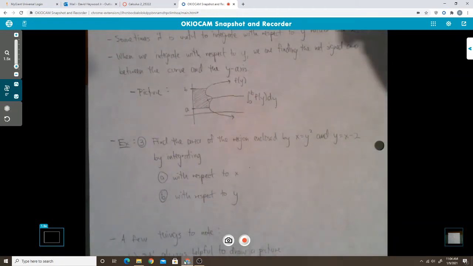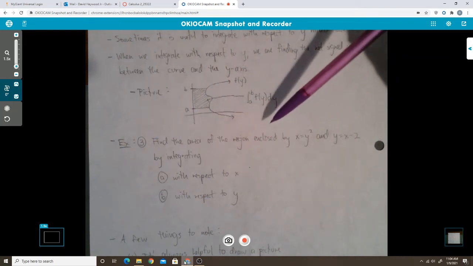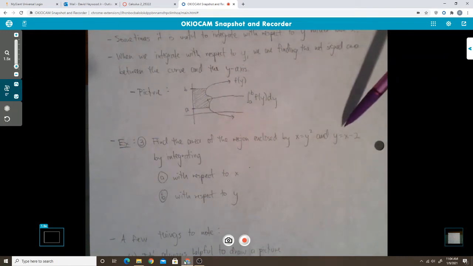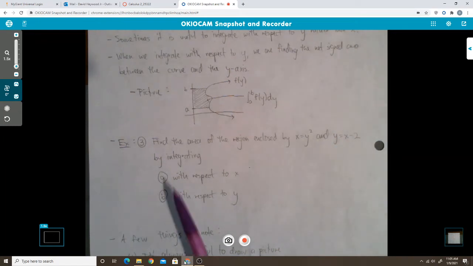So third example, find the area of the region enclosed by x equals y squared and y equals x minus 2 by integrating with respect to x and then with respect to y. So we'll do it both ways so that we can see how this goes.